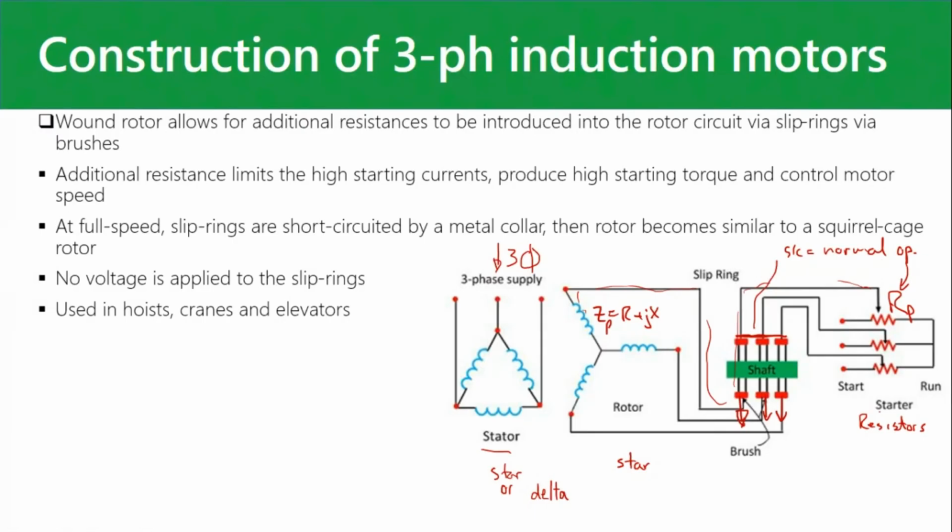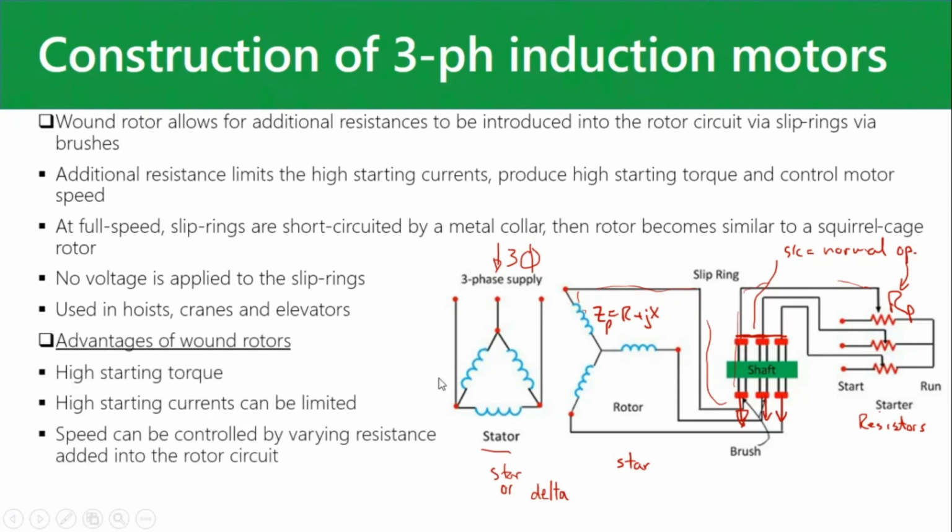Then the collar lifts the brushes off the slip rings and shorts it out there. So as I said, you get a higher starting torque and your high starting currents are limited. Yeah, you can also change the speed, but these two are the main reasons why you would use such a motor. It's more expensive by far, but sometimes you have to have it. Okay.